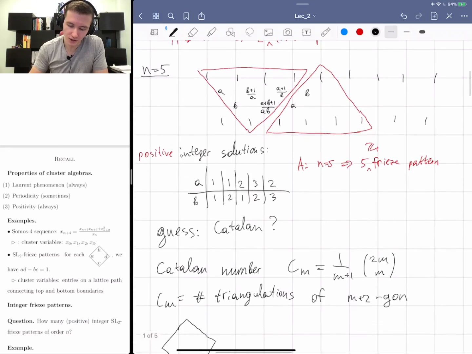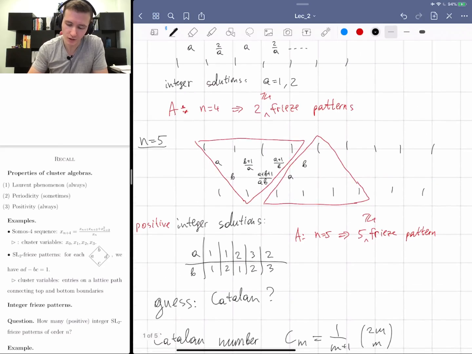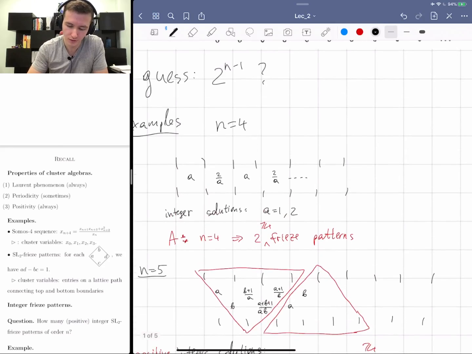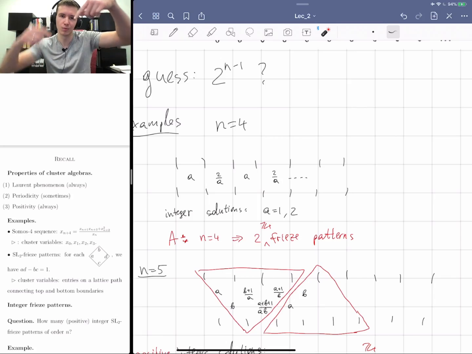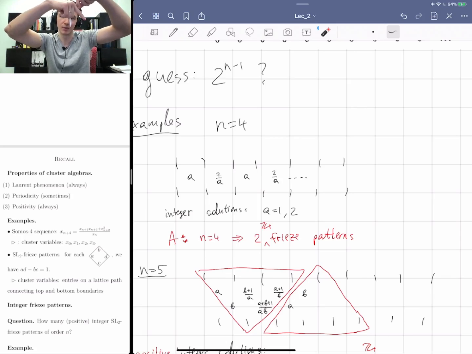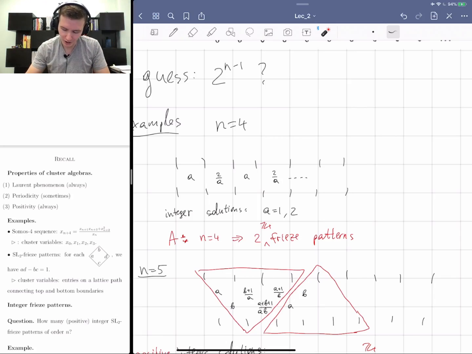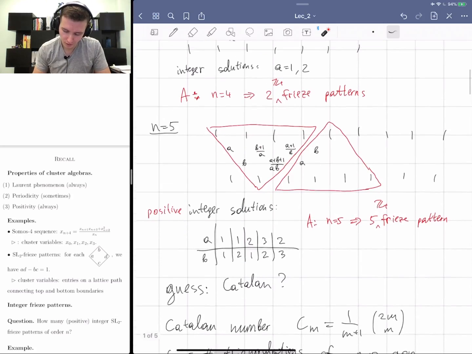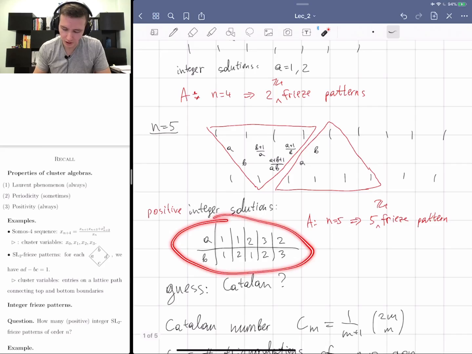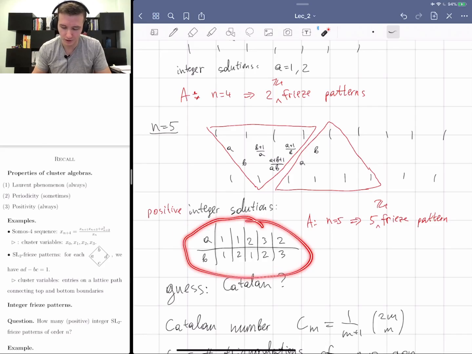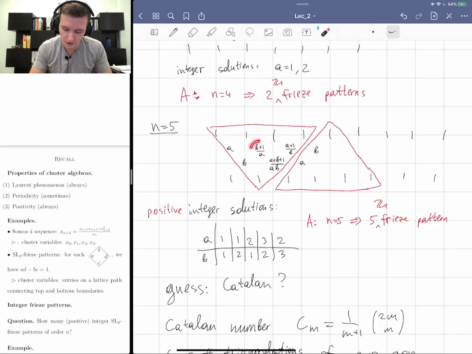If I choose these clusters, then I'm only going to get a power of 2 variables, because I always choose a step down left or down right. In particular, this computation computed all possible integer solutions such that all of these entries are integers.